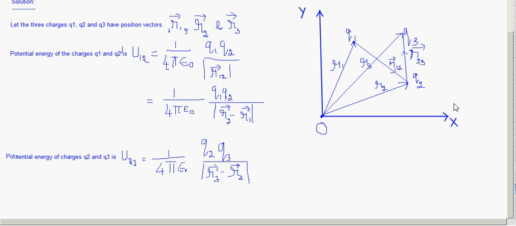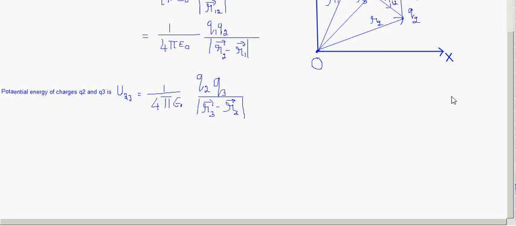Similarly, the potential energy of charges Q1 and Q3 is U31, or U13, you can write either, no problem. So we wrote 12, 23, 31.